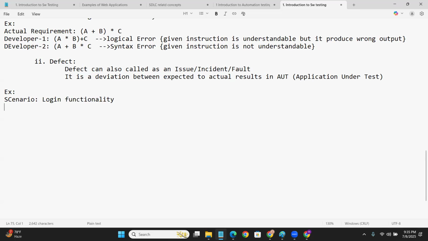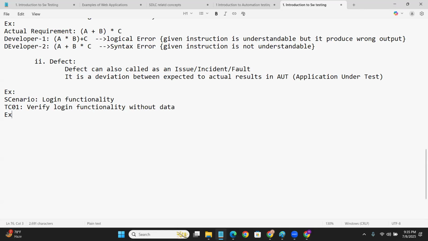As a test case, I want to verify login functionality without data, without entering the username and password. If you click on submit, this is one possible way I want to test it.